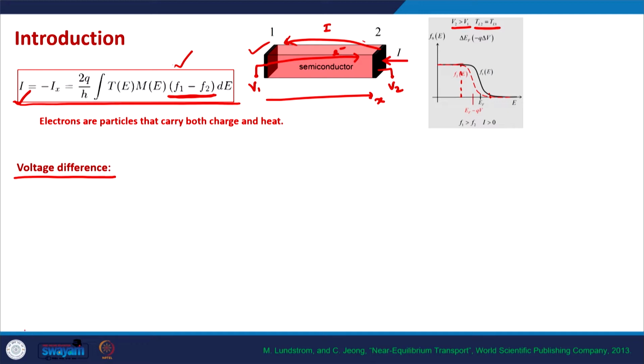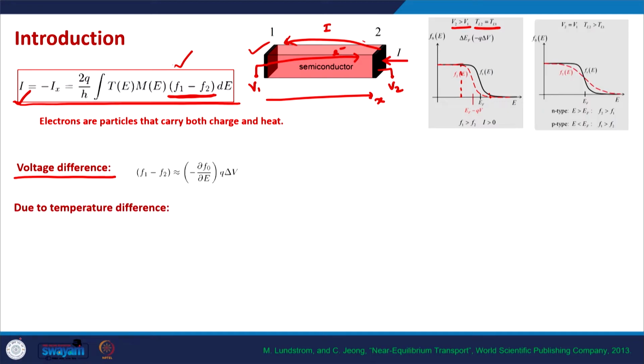Because of the voltage difference there can be a current in a conductor. Due to a temperature difference, F1 minus F2 can also become non-zero, and this is the scenario. In this case V1 is equal to V2, which means the voltage on both contacts is equal, but contact 2 is at a higher temperature now, TL2, which means the lattice temperature of contact 2 is more than the lattice temperature of contact 1.